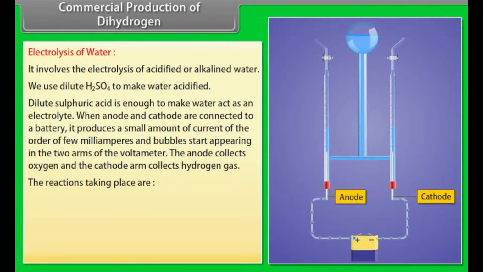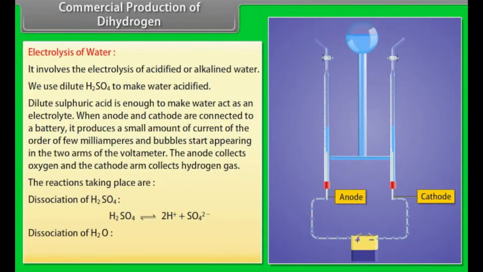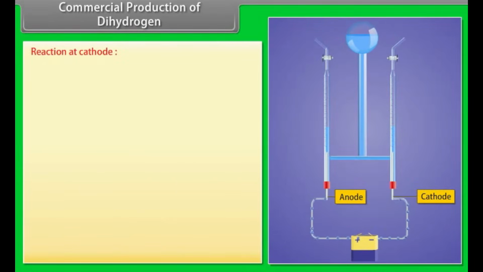The reactions taking place are: dissociation of H2SO4, H2SO4 gives 2H+ plus SO4 2-. Dissociation of H2O, H2O gives H+ plus OH-. Reaction at cathode: H+ plus electron gives H; H plus H gives H2.